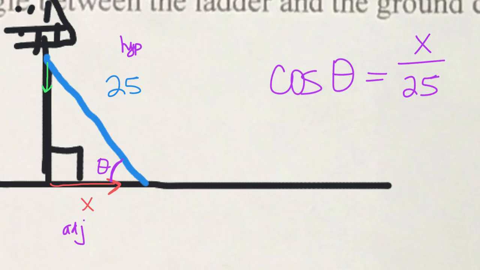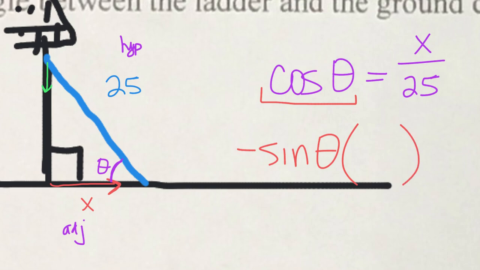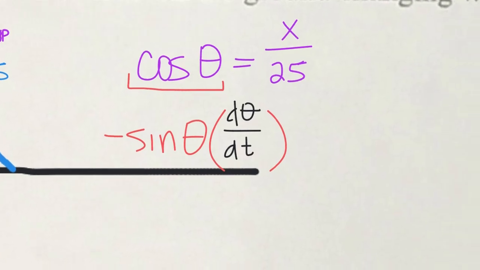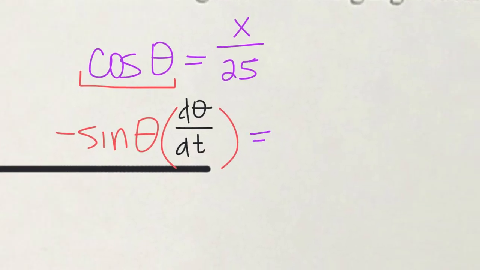So taking the derivative, the derivative of cosine is negative sine theta times our rate of change with respect to time, d theta dt. For the right side, once again, our constant is 1 over 25, so we can write this as 1 over 25 times x.